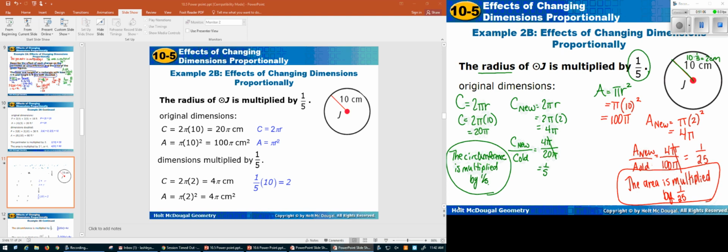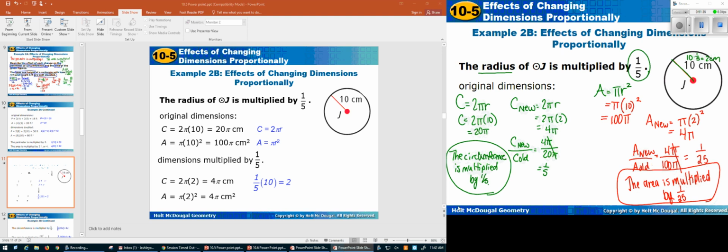What effect did it have on the area? Good. The area is multiplied by A squared. So if you think back to the first one we did, you guys said it doubled it, but that's because 2 squared is the same as 2 times 2. It really isn't doubled when you look at it in this one, right?